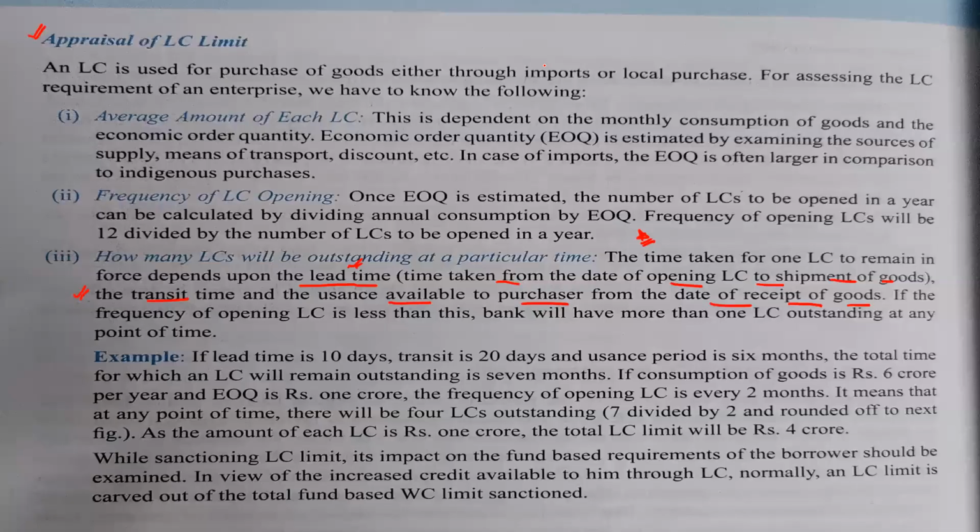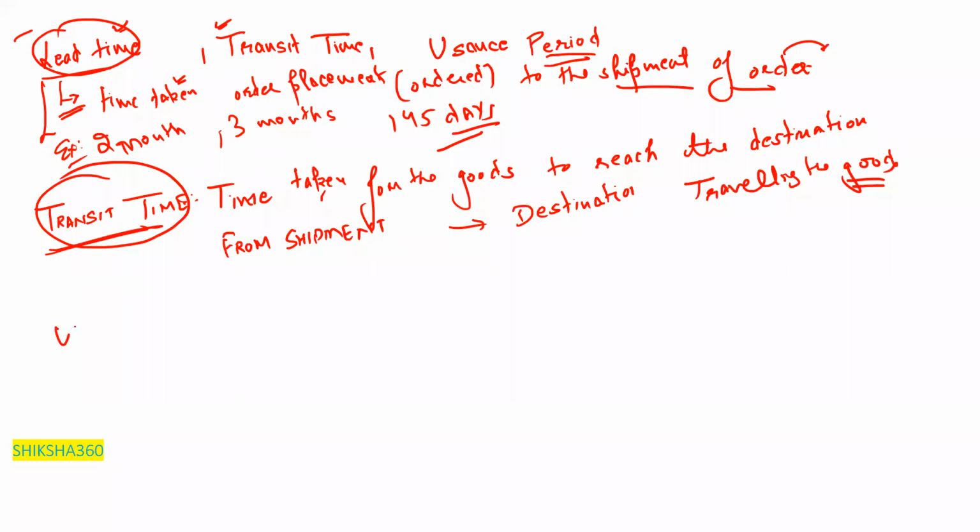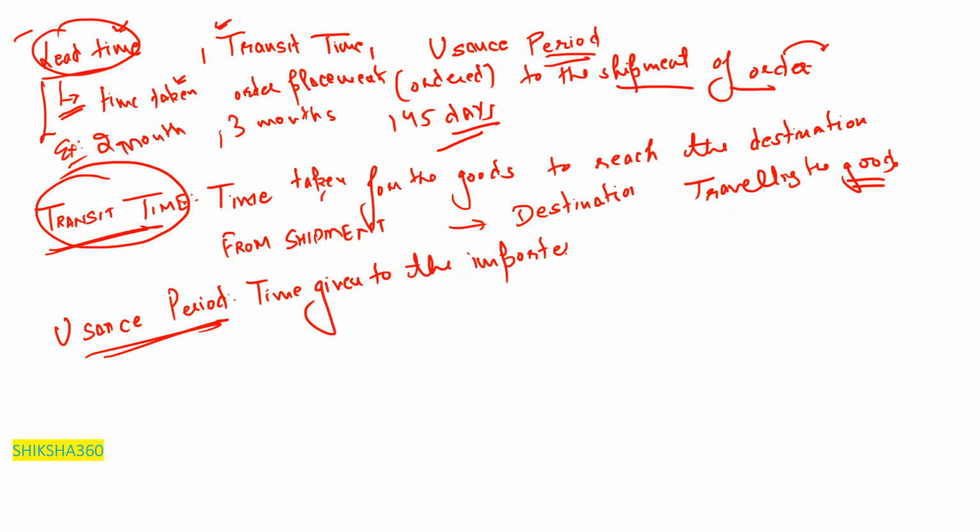Now the third term they use here is usance period. What is the usance period? It is the time given to the importer, that is the person who has ordered the goods, for the payment of the amount.